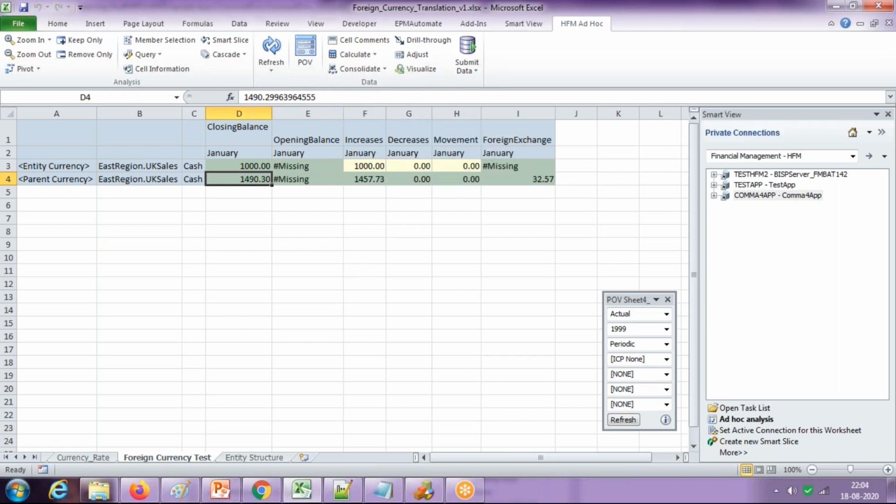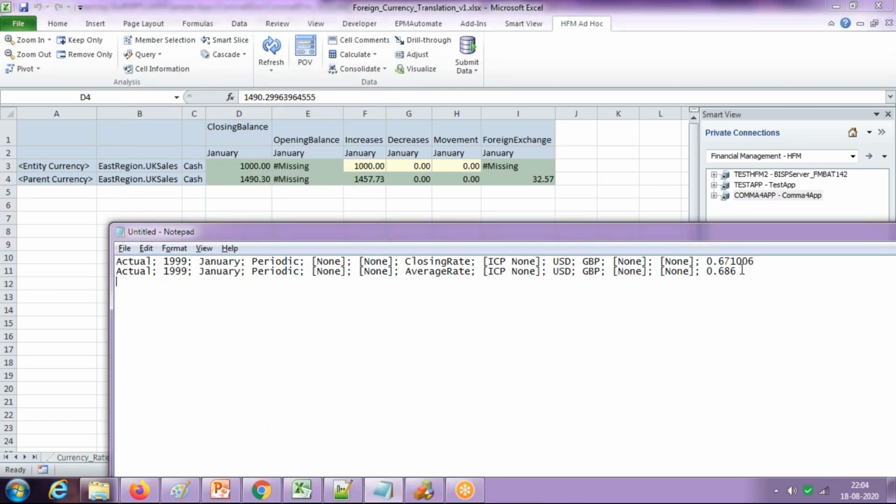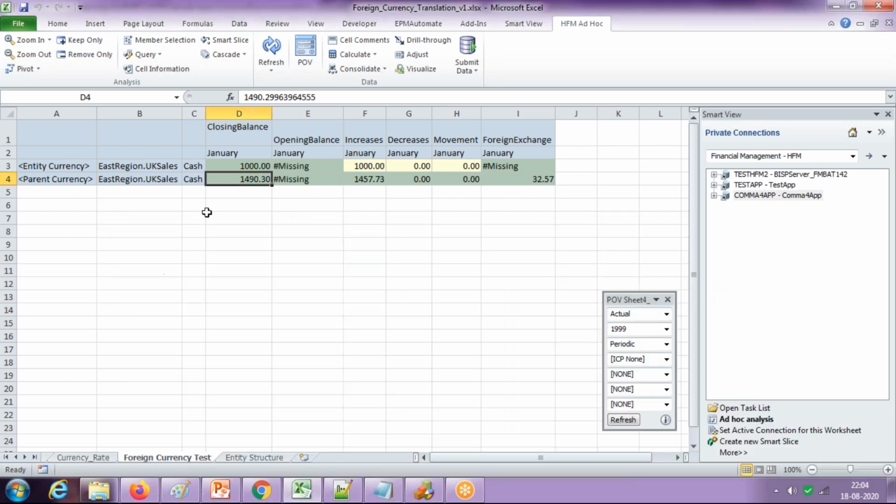Click on translate and you see 1000 become 1490. How did you get 1490? Let me show you. The currency exchange rate for closing balance, closing rate, is 0.671006. This exchange rate is from USD to GBP, but I want the rate the other way around, GBP to USD, Great British Pound to USD. So you convert the rate the other way around: 1 divided by this rate.